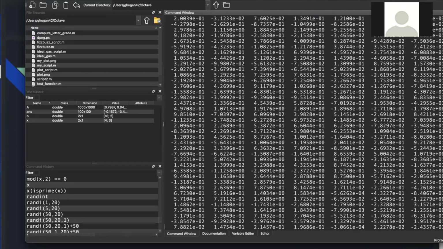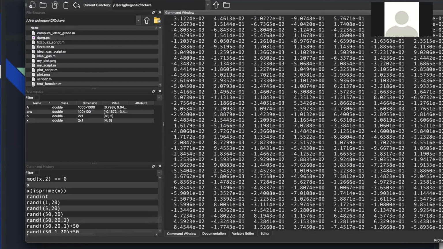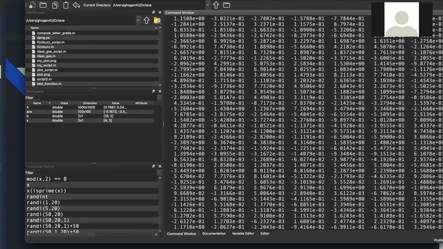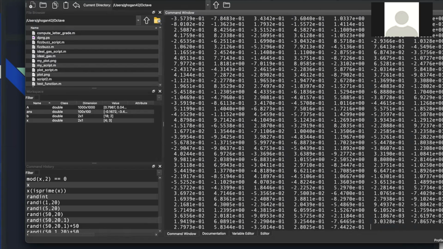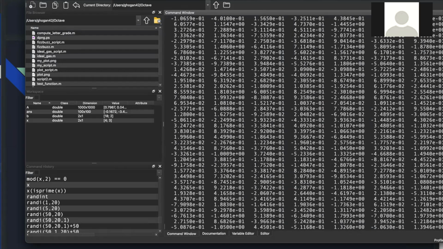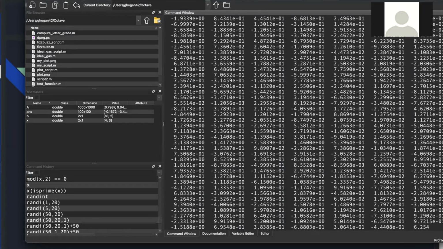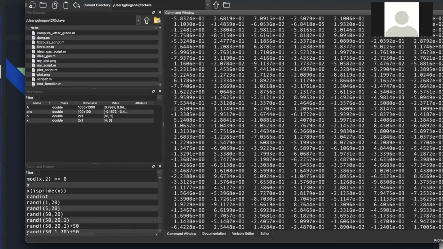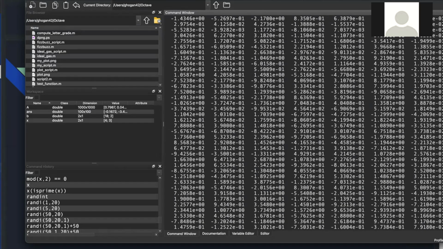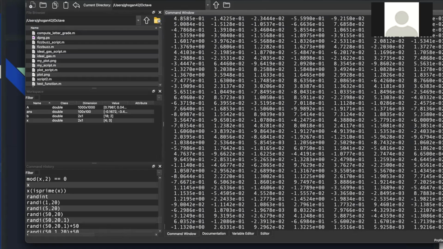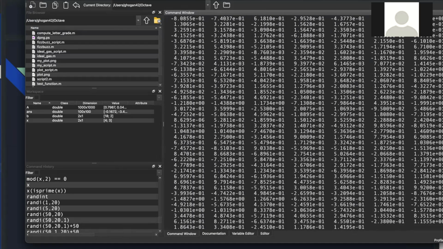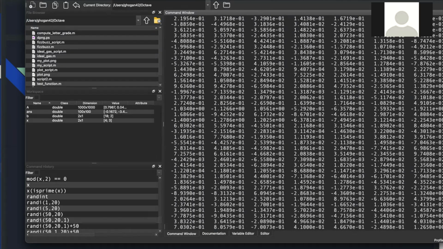Well, this is why you put semicolons on the end of things. So 1,000 by 1,000 is 1,000,000 entries. So we're waiting for 1,000,000 entries to scroll by. I don't know how many we've seen. There's no way to know.